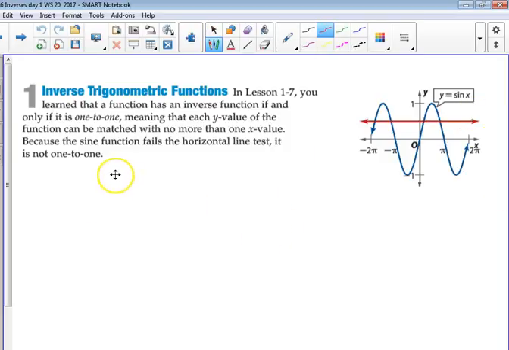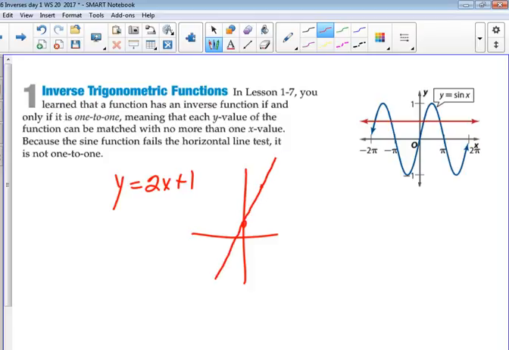All right, guys, inverse. Back when we had something like this, we talked about an inverse. We could graph this. And then what would the inverse always look like? Yes, the reflection across the line y equals x.